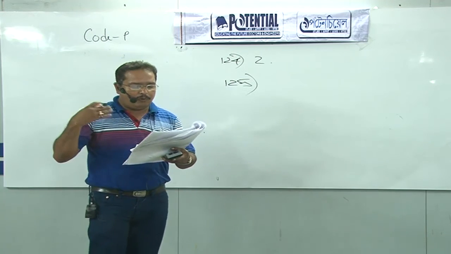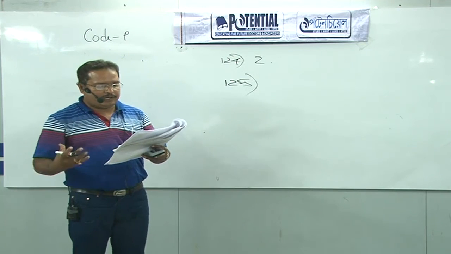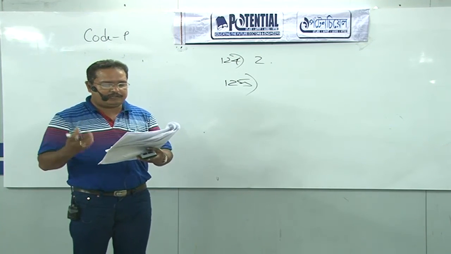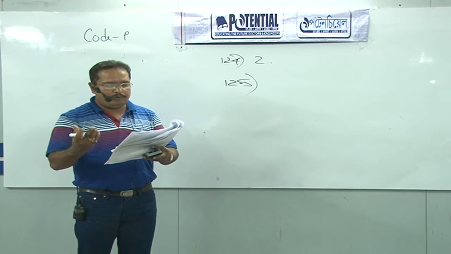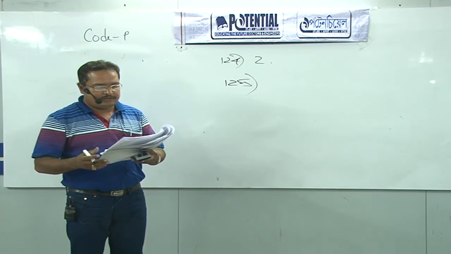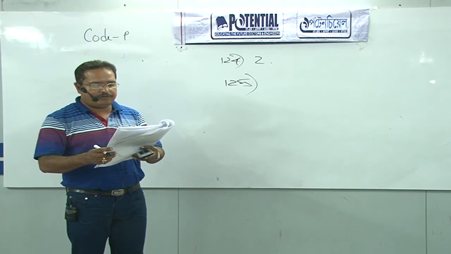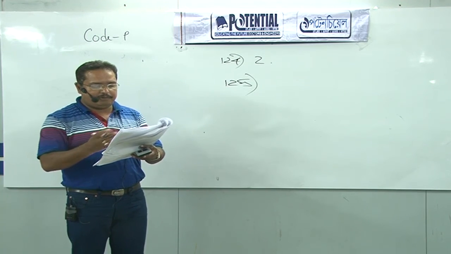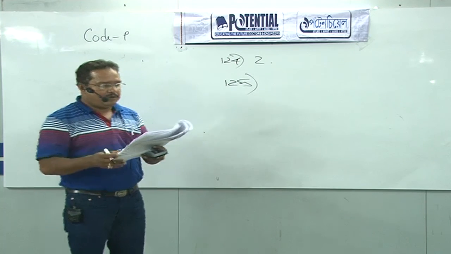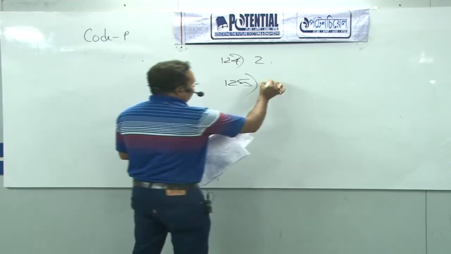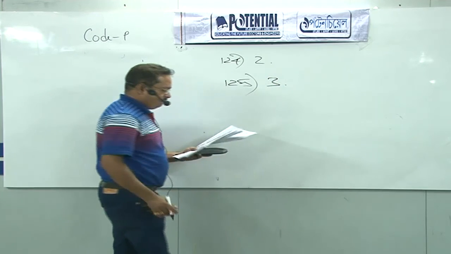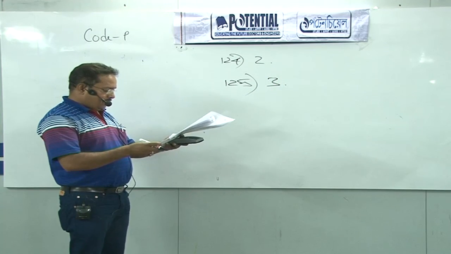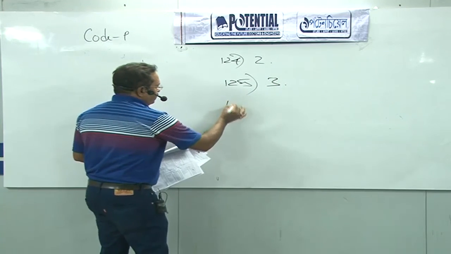So when our own immune system attacks our own cells, that is actually called autoimmunity, an autoimmune disease. Here the options given are: allergic response, graft rejection, autoimmune disease, active immunity. Among those, option 3, the autoimmune disease, is correct here. The next question, question number 126.